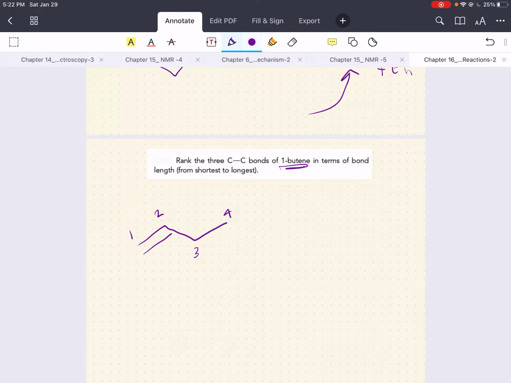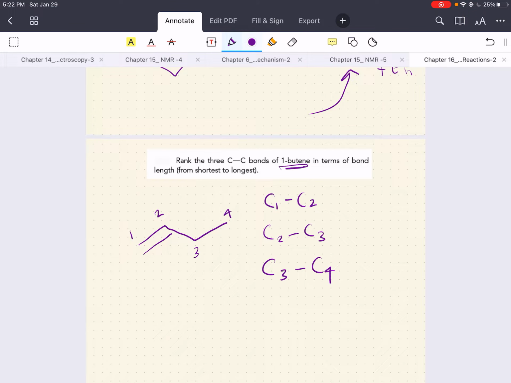Fantastic. So what we want to do now is rank the 3 carbon-carbon bonds of 1-butene in terms of bond length. We have carbon 1 and carbon 2 forming a bond. We have carbon 2 and carbon 3 forming a bond. And we have carbon 3 and carbon 4 forming a bond.